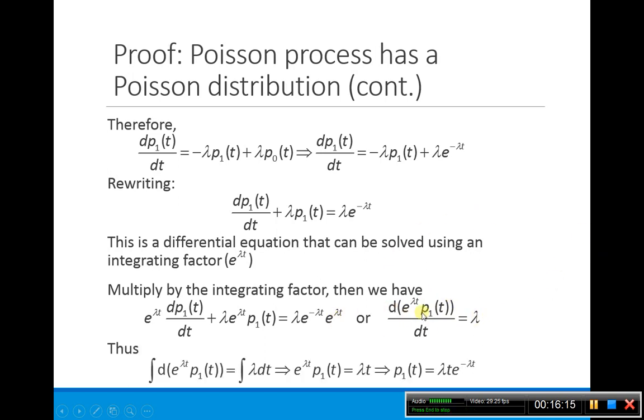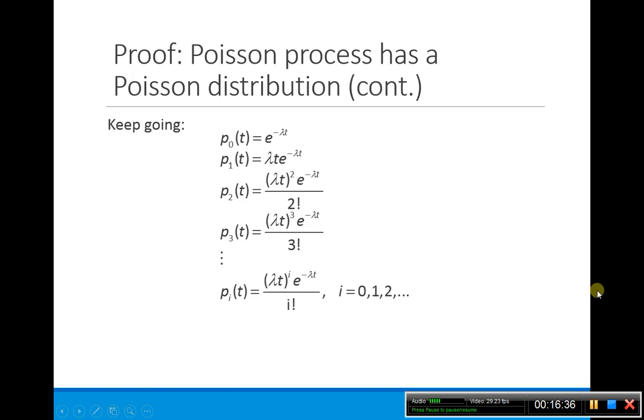So if I integrate, I have e to the lambda t P1 of t on the left, and on the right I have lambda t plus a constant c. Then here I have what P1 of t looks like. I believe if you actually work it out, c ends up being 0 on each of these.